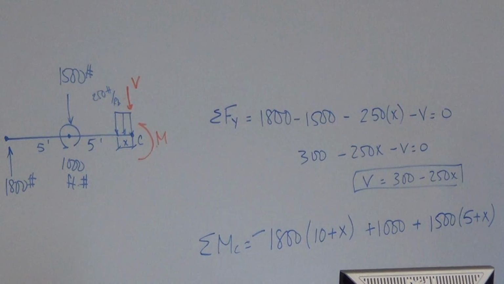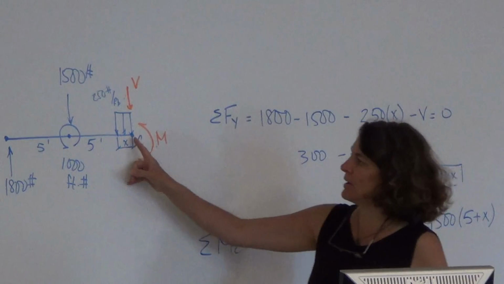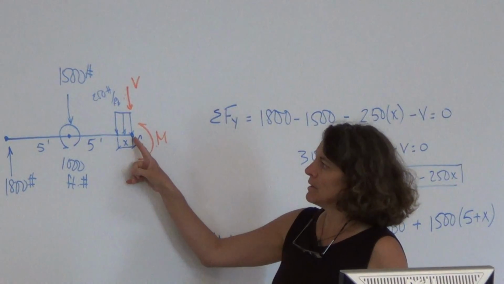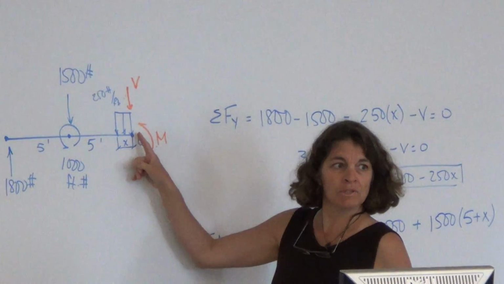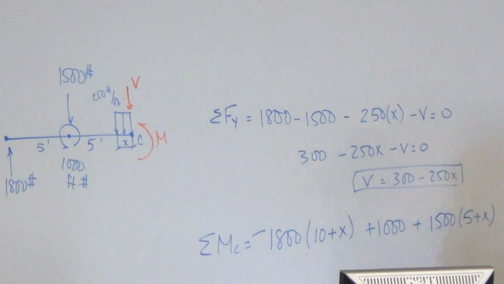And then 250 times x, that's the force, right? And what's the distance? Measuring the distance from here. What's the center of a rectangle? So it's x over 2. Okay.